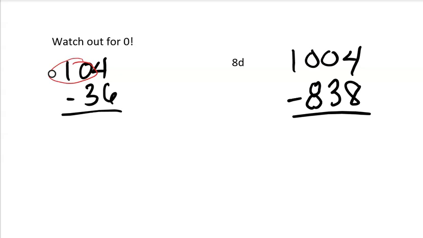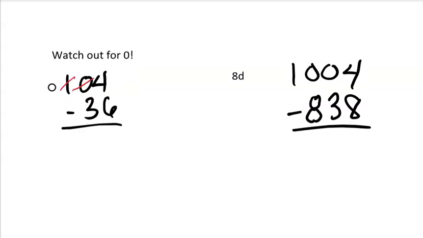So we're actually going to borrow one of these, which kicks out the hundreds place altogether and makes this into a 9. So that gives us the extra 10 over there that we need. 14 minus 6 is 8. And now 9 minus 3 we can do is 6. So that's just one I made up.